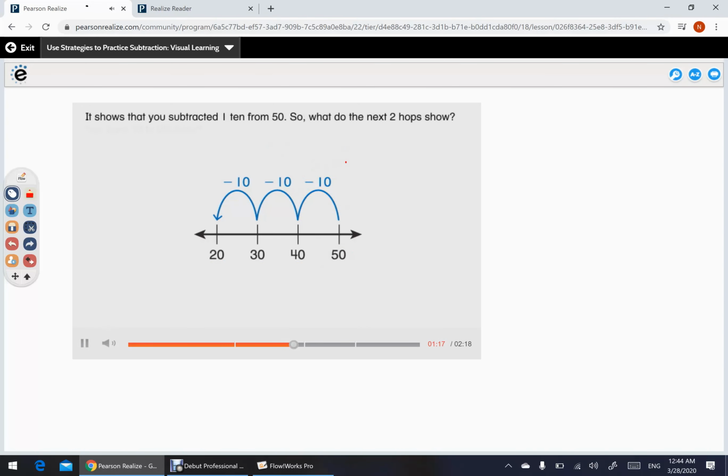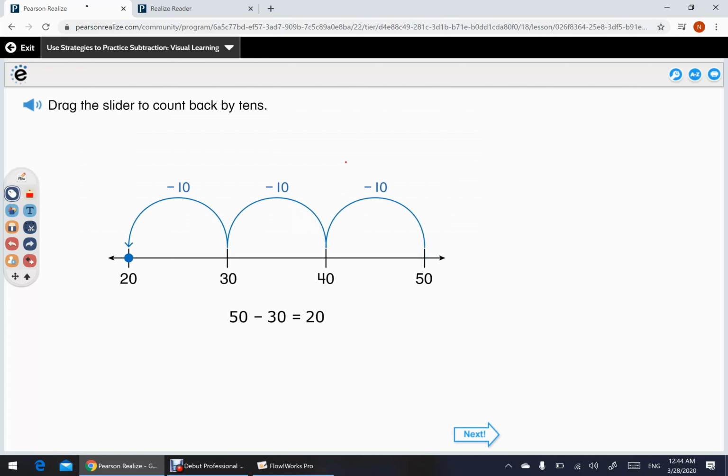It shows that you subtracted 1 ten from 50. So what do the next 2 hops show? Let's try it. Look here. From 50 to 40, minus 10. Minus 20, 30.